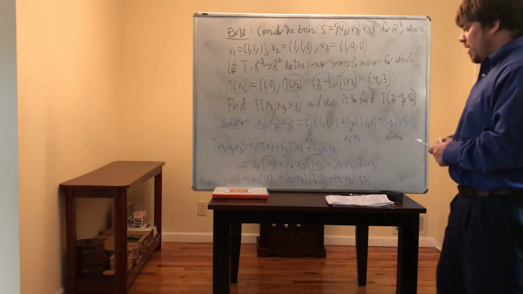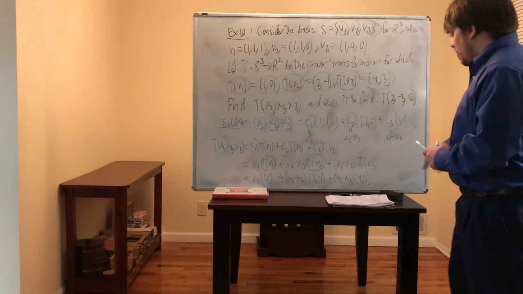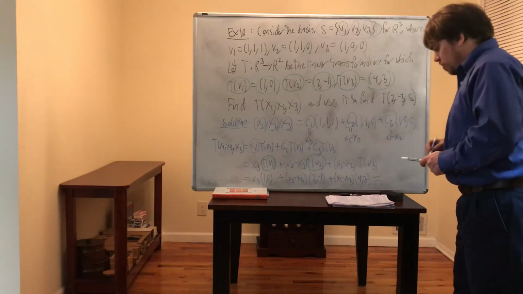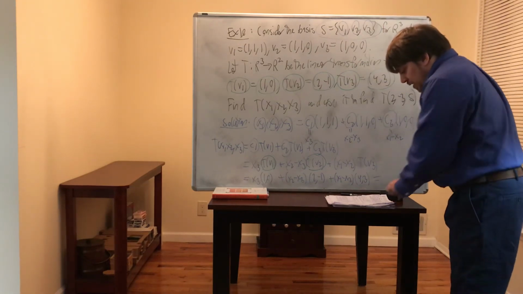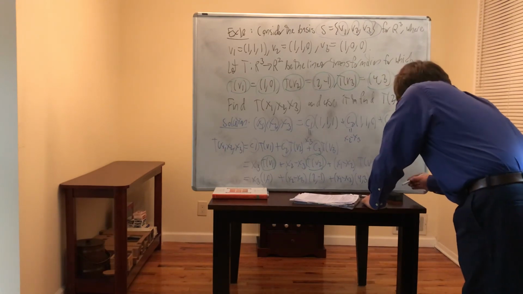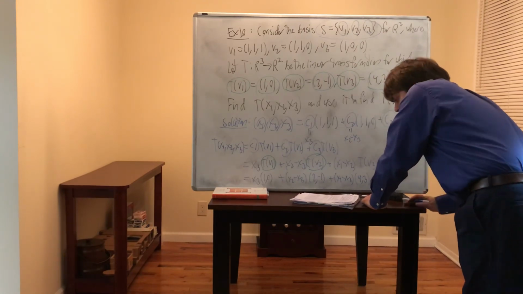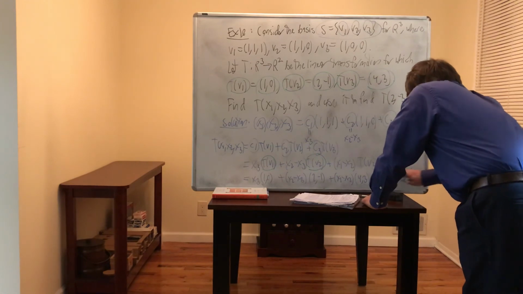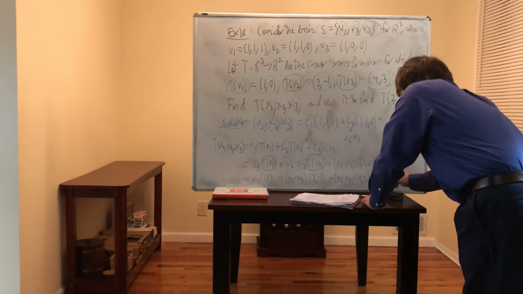And so now, if I just multiply and add this up, I should get a 2-tuple here. And so the 2-tuple you get after you do all that arithmetic is 4x1 minus 2x2 minus x3. I'm going to have to write the equal sign over here.